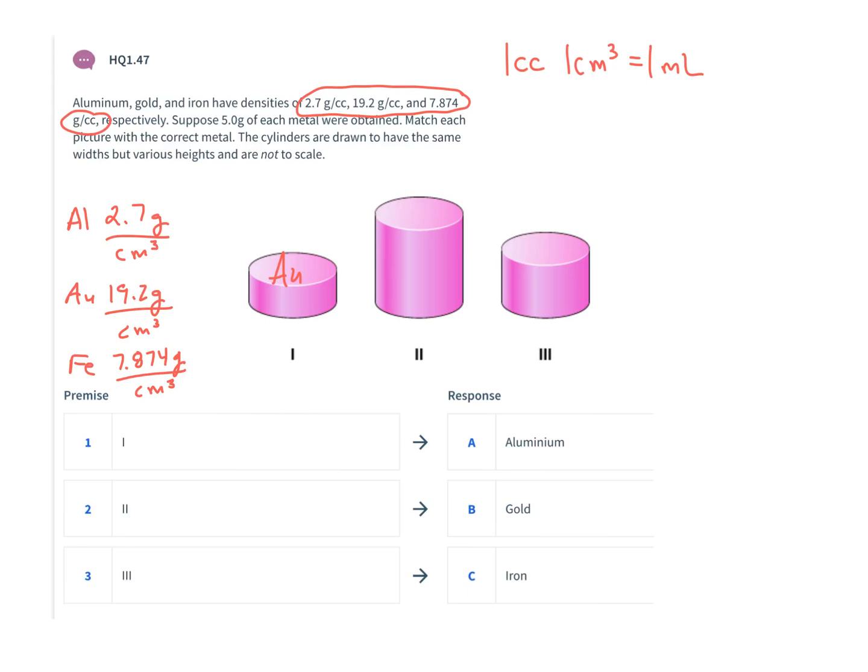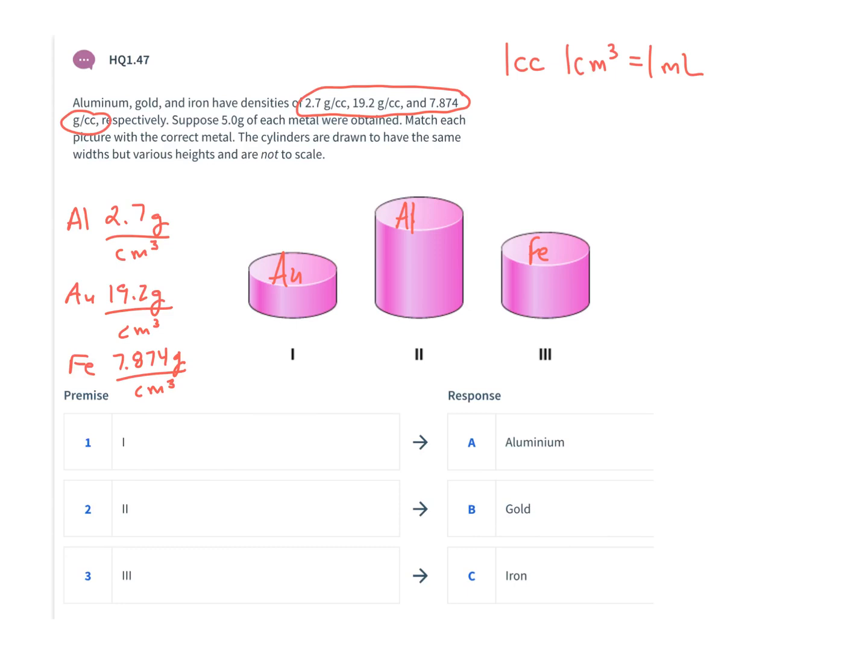Because it has the highest density, you will need a smaller volume of that material to represent 5 grams of that material. And we might guess that aluminum is the largest cylinder, and that would leave iron right in the middle. We can do the calculation to confirm that is the case.